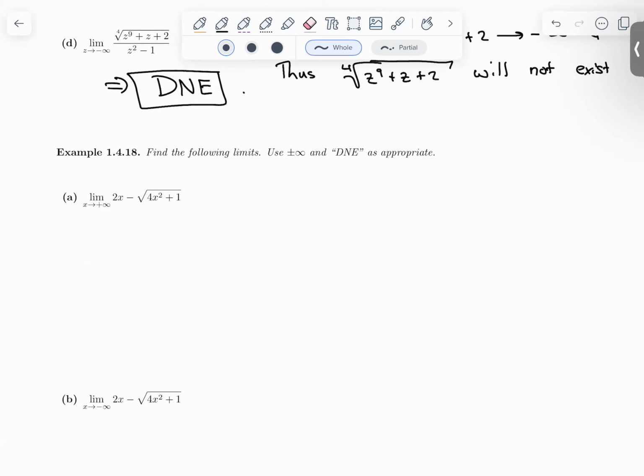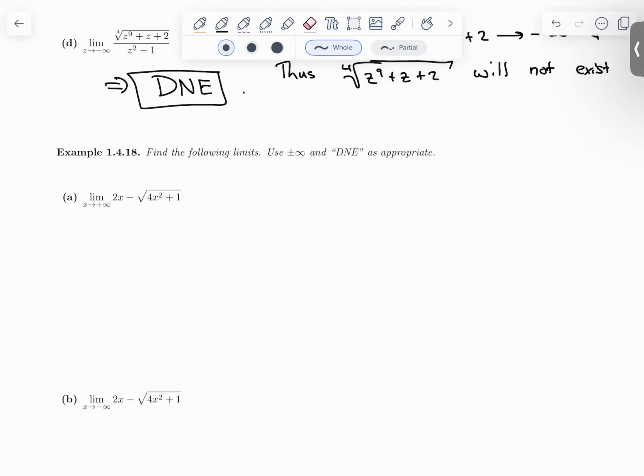We don't know what it is because which one's going to infinity faster? Is 2x going to infinity faster, or is the square root of 4x squared plus 1 going to infinity faster? What we know is that they're going at relatively the same rate because the square root of 4x squared is roughly equal to 2x, right?